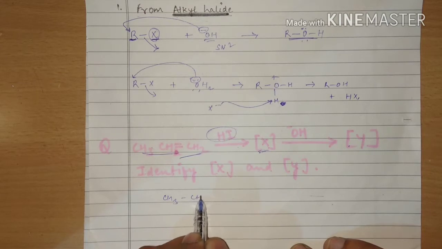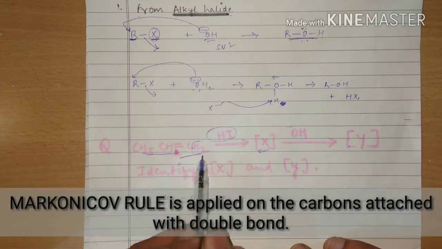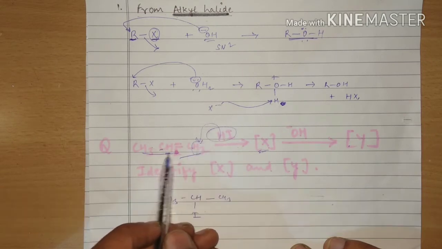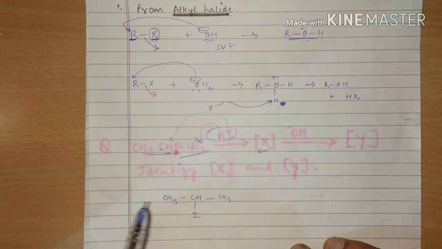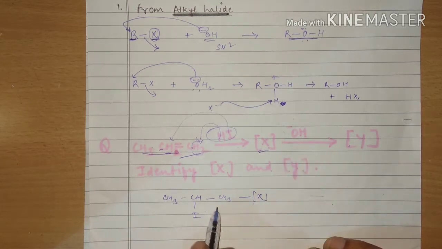So using the Markovnikov rule we get CH3CHICH3. What happens in the Markovnikov rule? The carbon with more hydrogens gets the hydrogen, and the carbon with fewer hydrogens gets the iodine. So we get this compound as X. Now this reacts with OH minus.